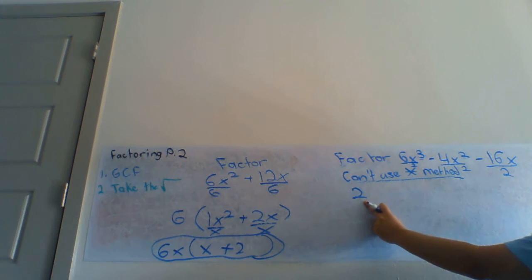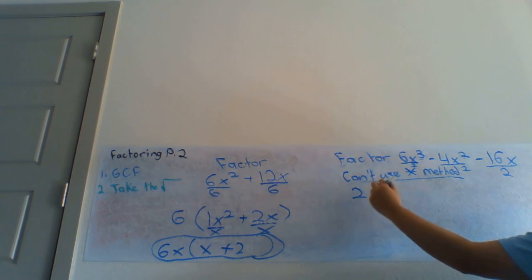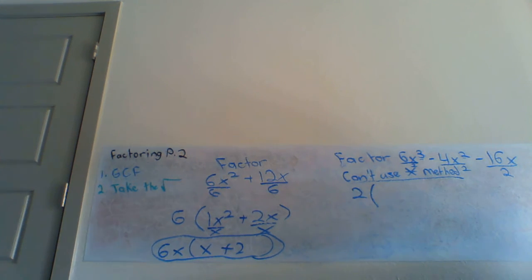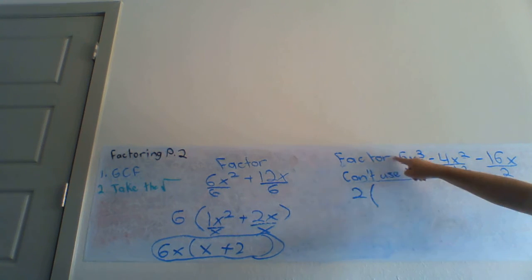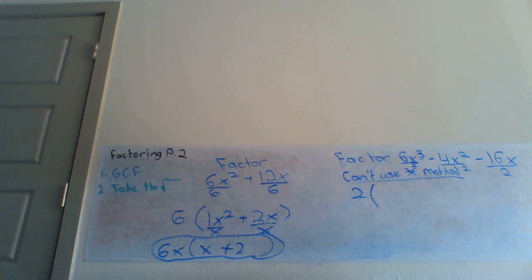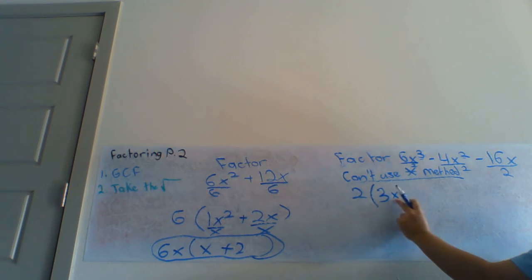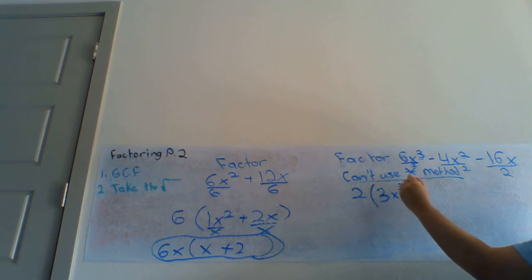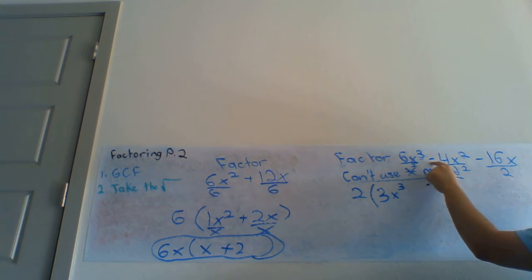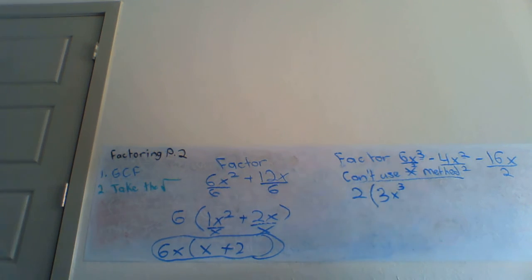So same thing as before, I'm going to pull that 2 outside of the parentheses. And then I'm going to divide everything out. So 6 divided by 2, that should be 3. Don't worry about the variables yet. Just worry about those numbers. Negative 4, don't forget this negative. Don't forget the negative. So negative 4 divided by 2.